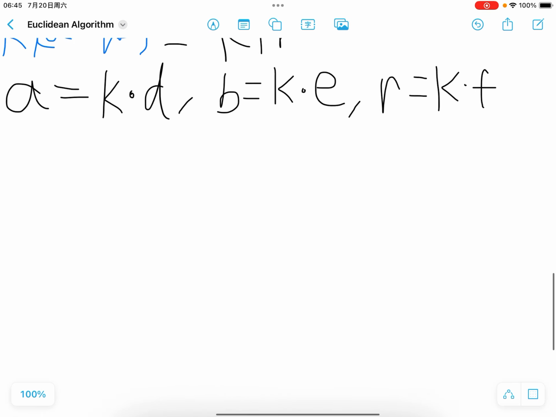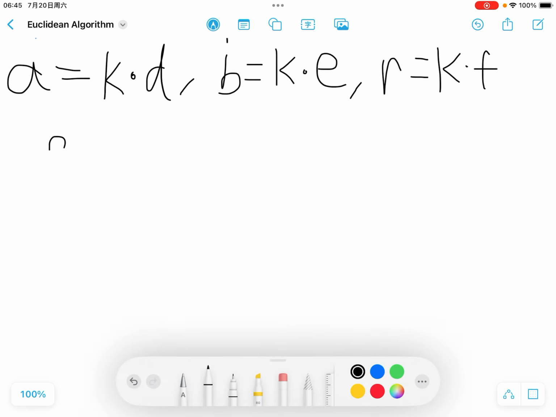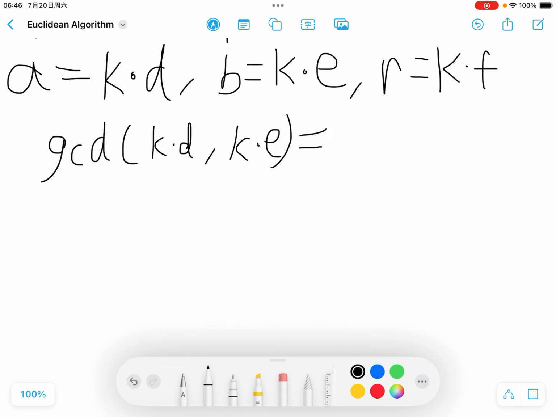So basically, we want to figure out the GCD of K times D, that's A, and K times E. Let's assume D and E are coprime, so the greatest common divisor of D and E is 1.